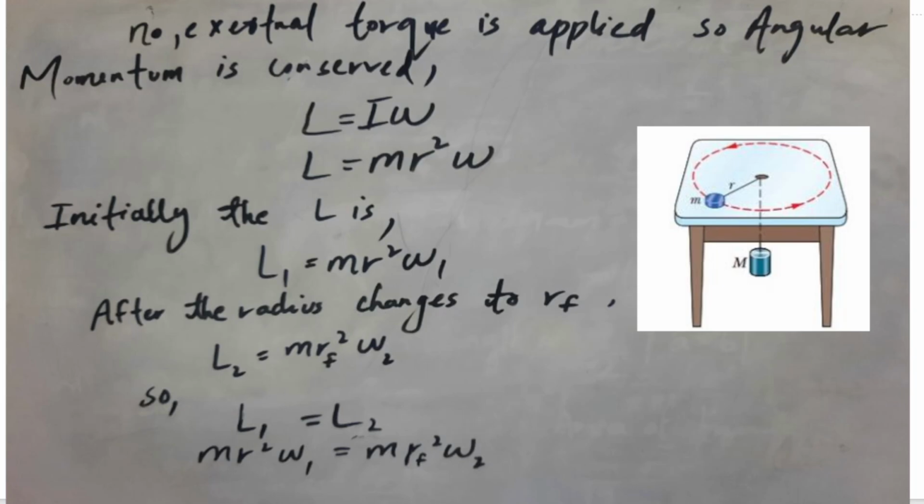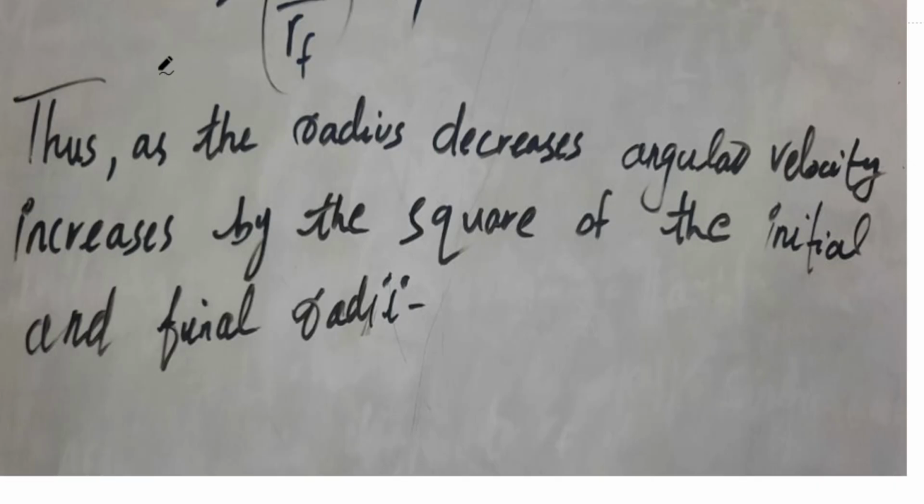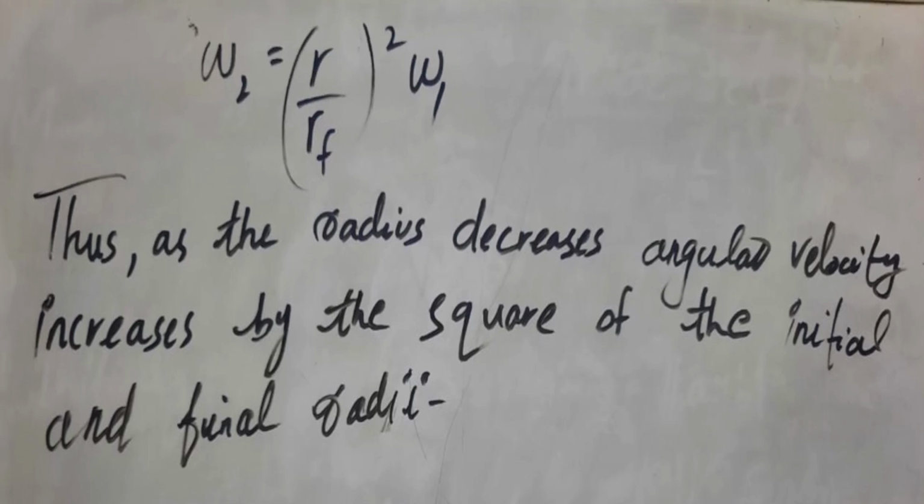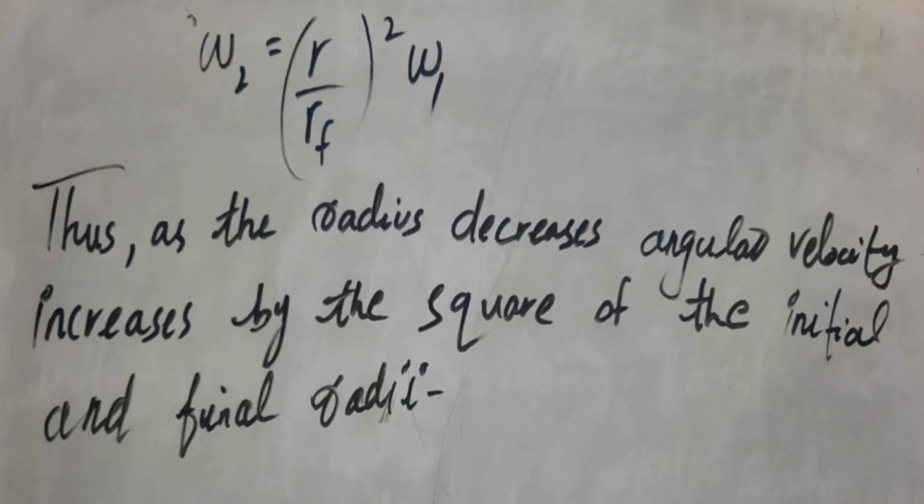Now, since angular momentum is conserved, you equate both angular momenta and put in the values, and after that you will get the value of the final angular velocity, omega 2. So we conclude that as the radius decreases, the angular velocity increases by the square of the ratio of the initial and final radii. So this is the final solution. Thank you.